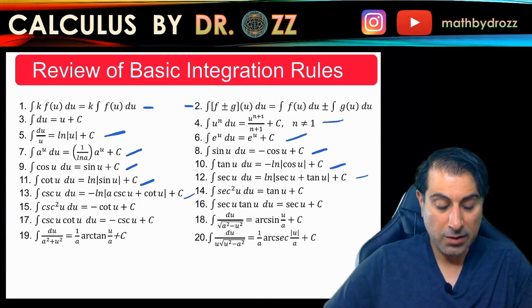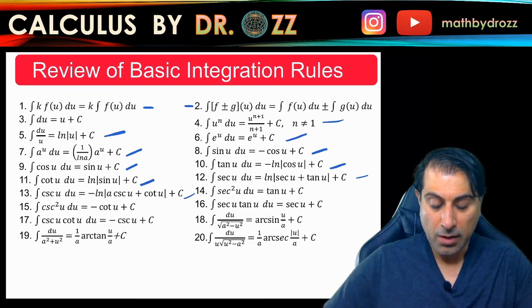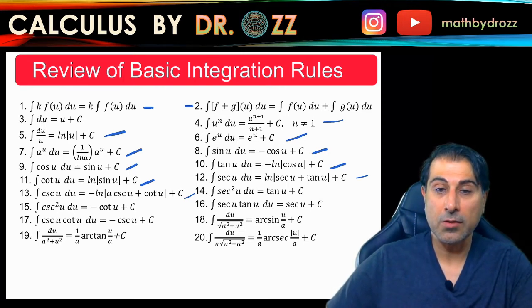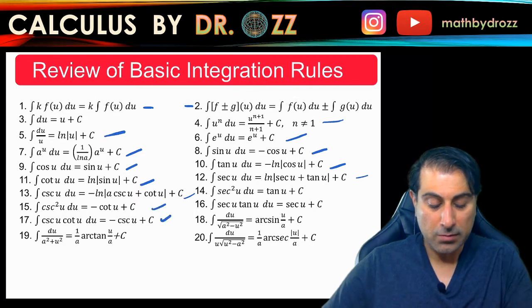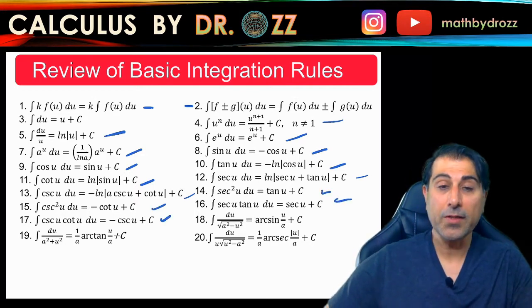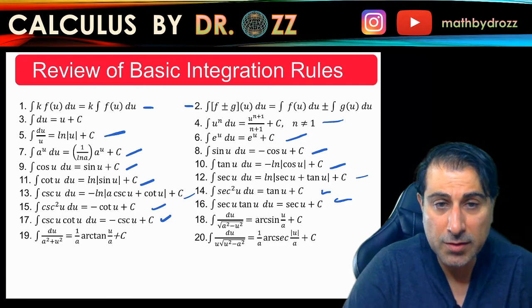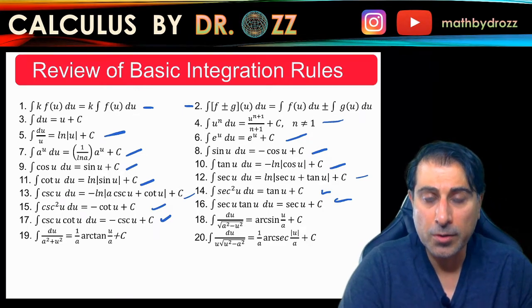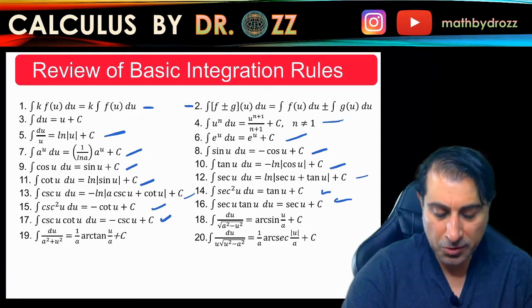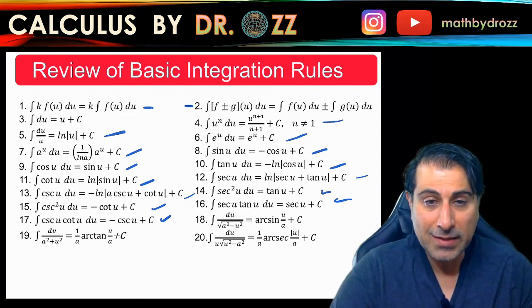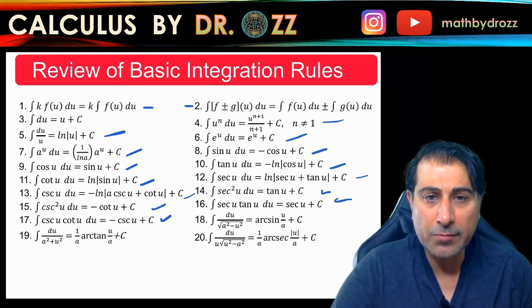And you have secant squared, cosecant squared, and secant u tangent u, and also cosecant u cotangent u in 17, as you see. And the final three are the ones we have just seen in the first learning objective. So if you combine them all, this list is called the basic integration rules.